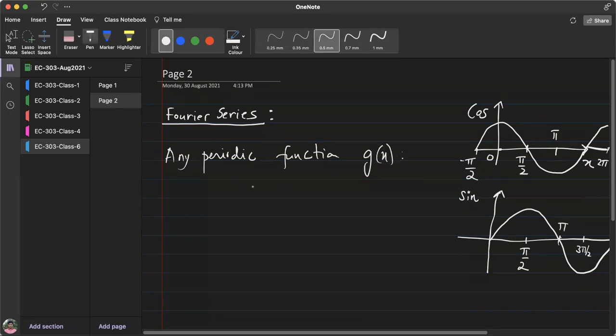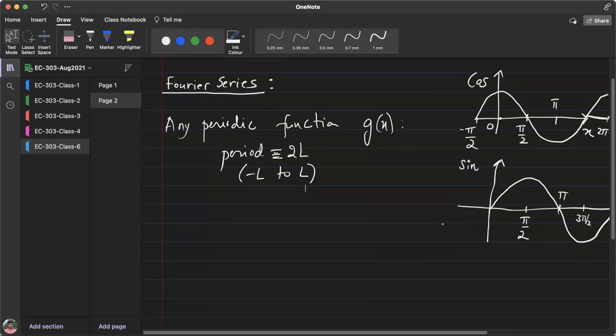Let's say the period is 2L. Okay, the period is from minus L to L. After that it repeats. Just like cosine and sine have period minus pi to pi, you can think of exactly the same way. We can modify this from 0 to L and so on without any problem. So it has to be just of period 2L.